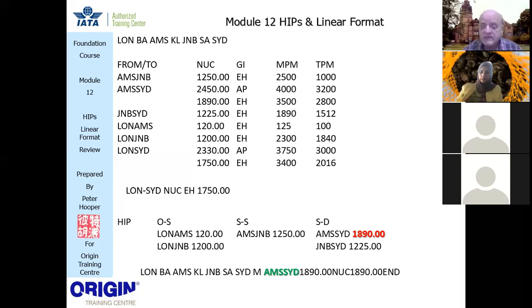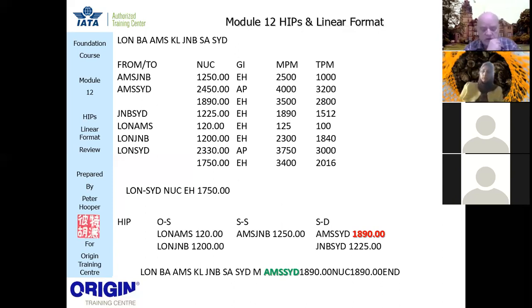So in the exam, if they ask you whether you are using the base fare, the answer is no, you're not using the base fare London to Sydney. You're using an HIP. Subtle difference, but a difference.